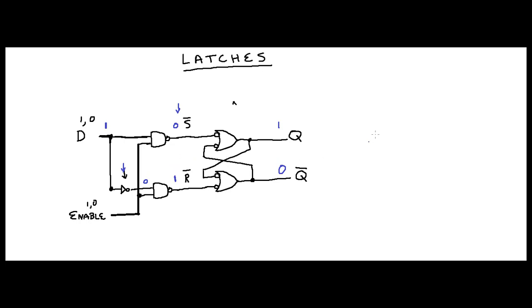So let's just make our truth table over here, shall we? So we have enable, and we have D, and we want to know what Q and Q bar are. So at this point, enable is equal to 1.